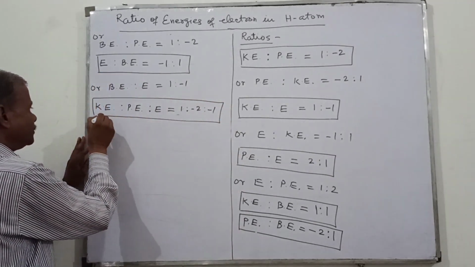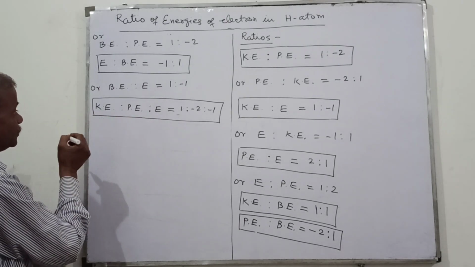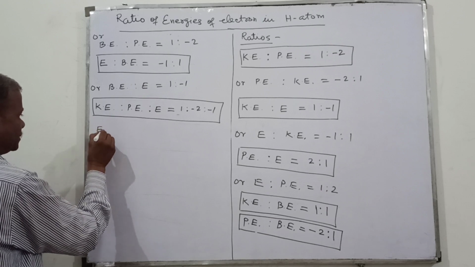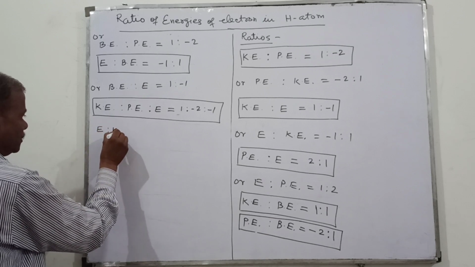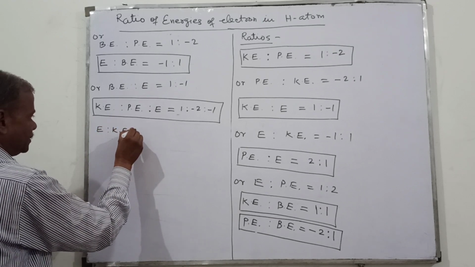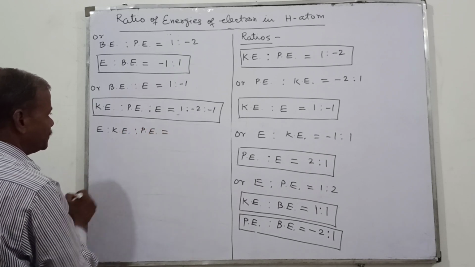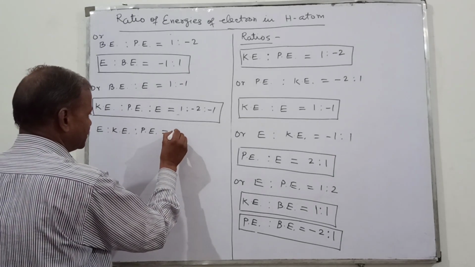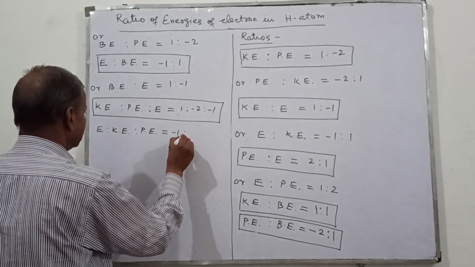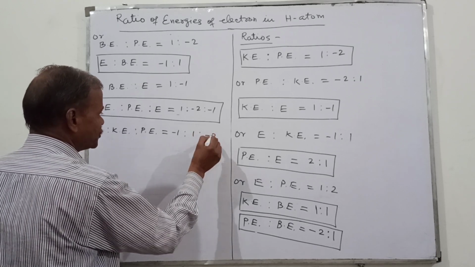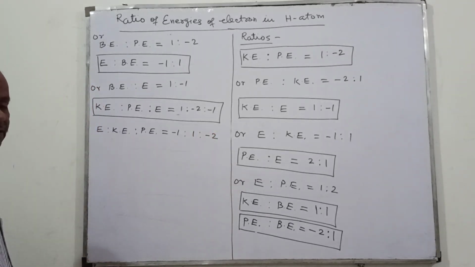We can write this in many ways. If I take total energy ratio kinetic energy ratio potential energy, then this will be minus 1 ratio 1 ratio minus 2. So I can also write it in this way.